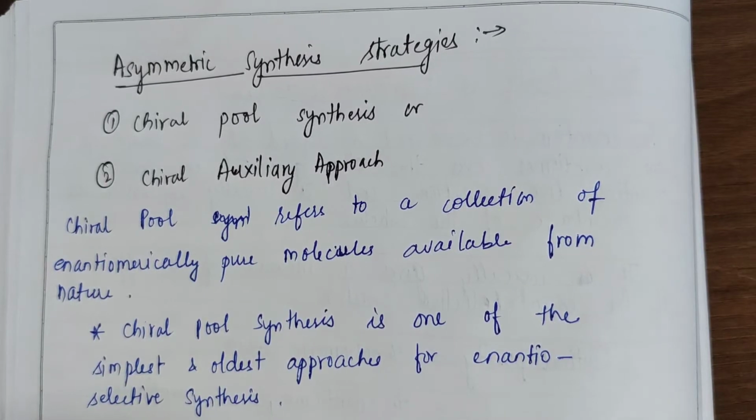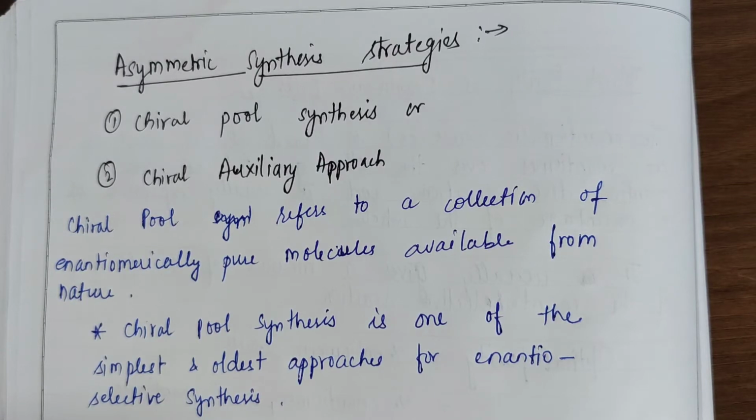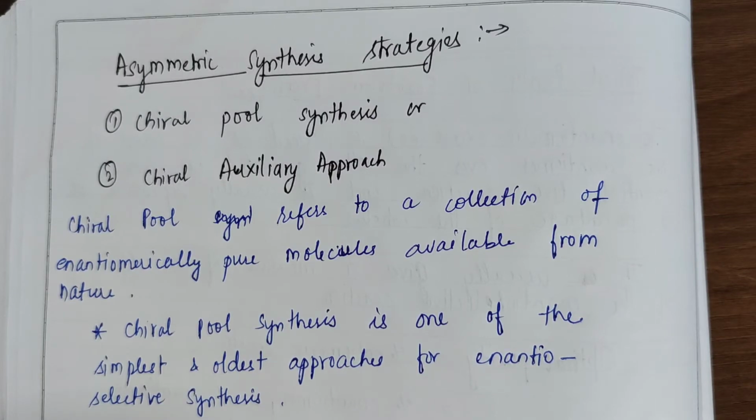And since the starting material is already chiral, an approach is used in such a way that you will get only one particular enantiomer or diastereomer in the product from using that starting material. Okay, so this is the oldest and simplest way of synthesizing any enantioselective product.